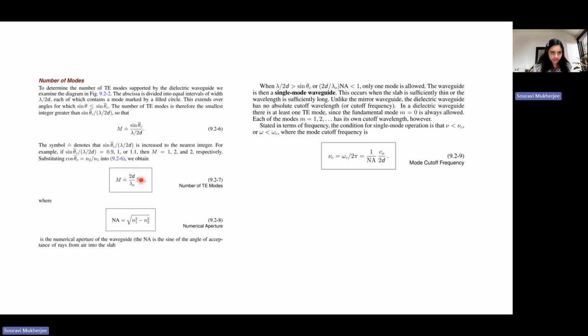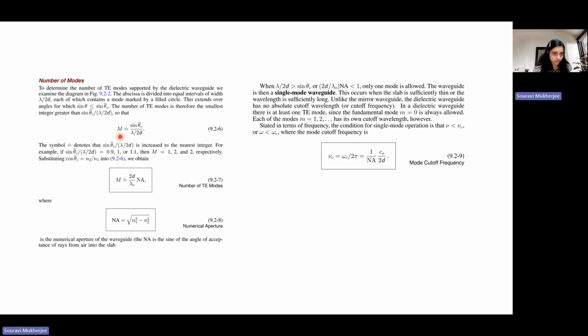Here the concept of numerical aperture of the waveguide comes in, which depends on the pair of refractive indices of the core and the cladding. An interesting thing is that, unlike the last case of the mirrors, where below a certain frequency nothing propagates, here, because of the slight differences between a dielectric stack and two mirrors, something different happens.